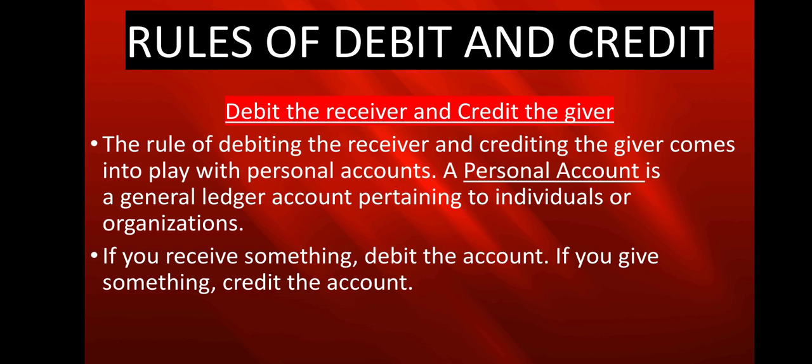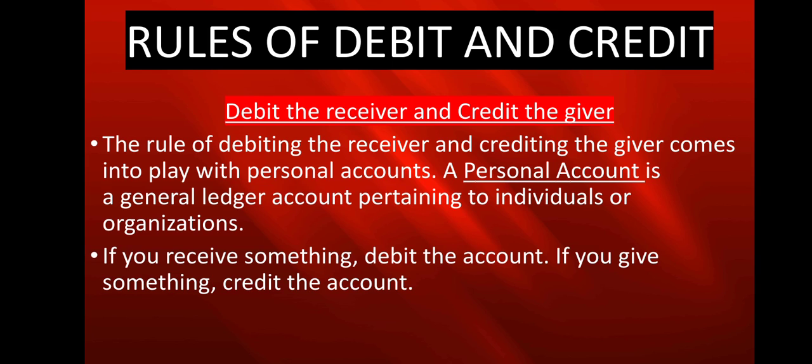We know what is personal account. A personal account is a general ledger account. When I say general ledger account, it's just an individual account pertaining to individuals or organizations. When I say organizations, you can remember it as entities. What are entities? Business. If the business receives something, debit the account.